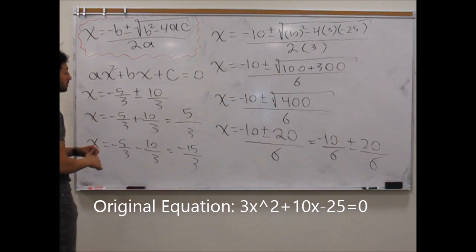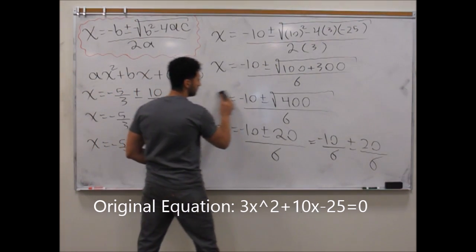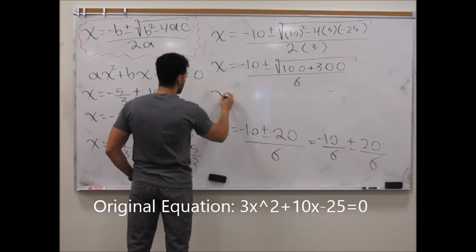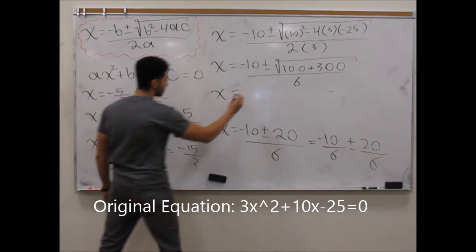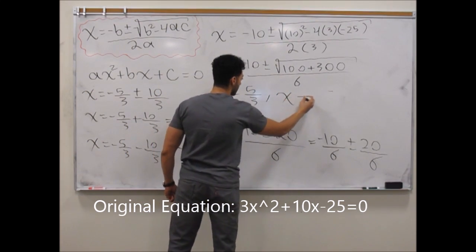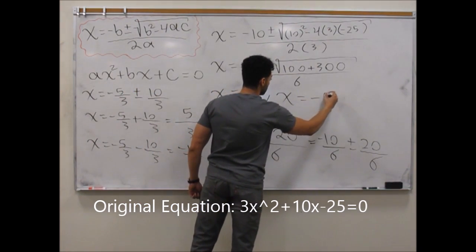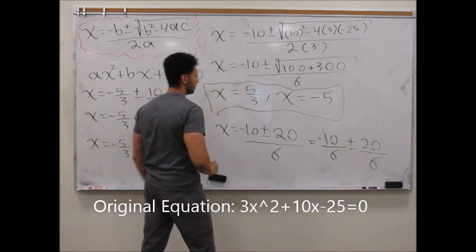And that still reduces. I didn't know these problems would be so long. Okay, so then we get that x is equal to 5/3. And we also get that x is equal to, this will reduce to negative 5. So these were the solutions I got to this example.